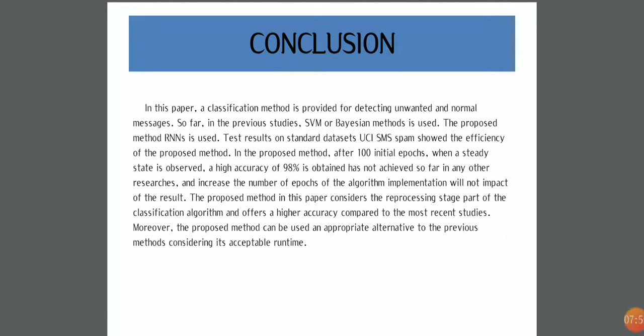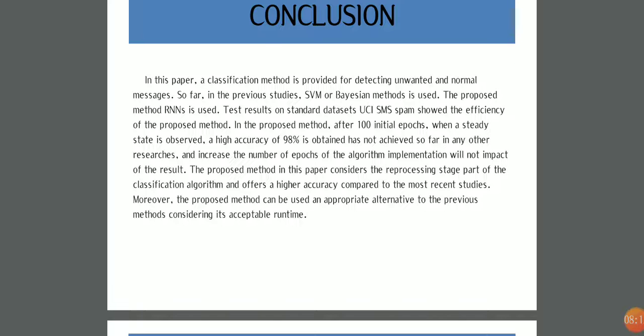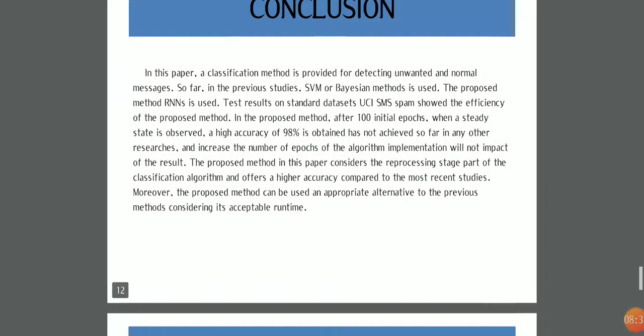In the proposed method, after 100 initial iterations, when a steady state is observed, a high accuracy of 98% is obtained, as not achieved so far by other researchers, and increasing the number of iterations of the algorithm implementation will not impact the results. The proposed method in this paper considers the processing stage part of the classification algorithm and offers a high accuracy compared to the most recent studies. Moreover, the proposed method can be used as an appropriate alternative to the previous methods, considering its acceptable runtime.